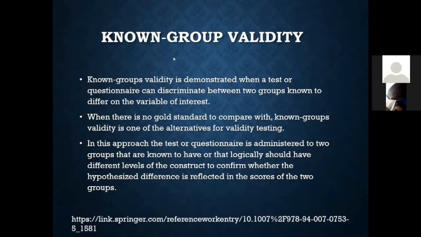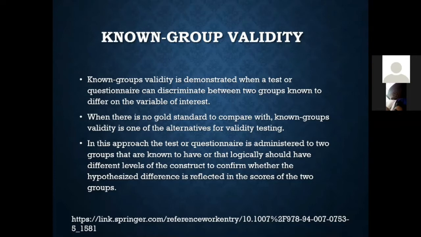Now let's have a look at known group validity. Known group validity is demonstrated when a test or questionnaire can discriminate between two groups known to differ on the variable of interest. So when there is no gold standard to compare with, known group validity is one of the alternatives for validity testing.